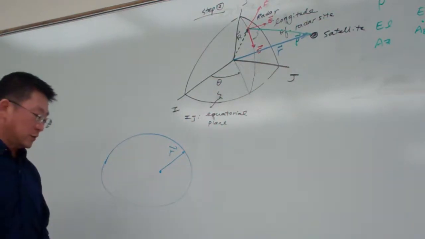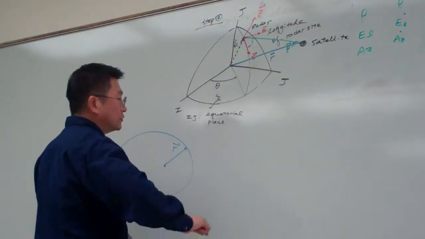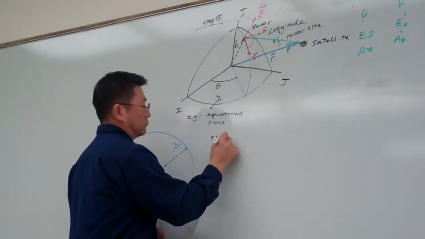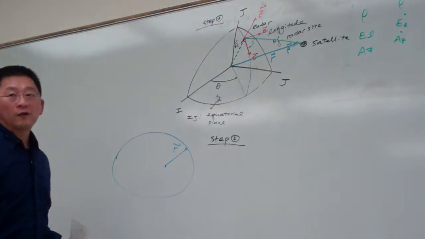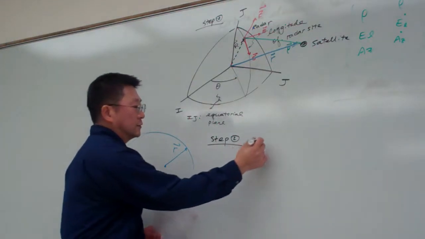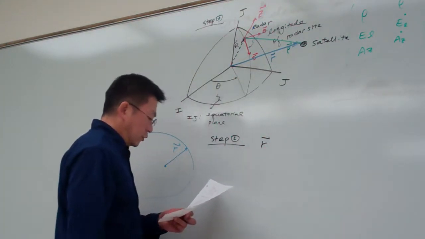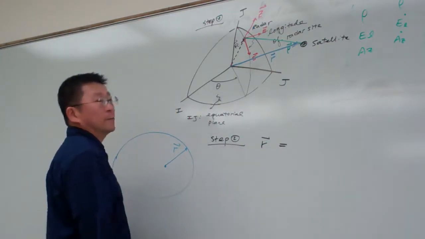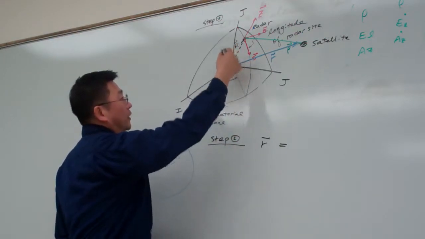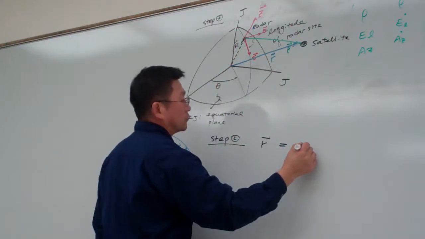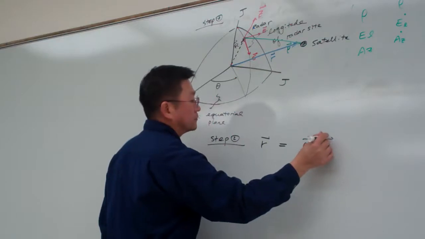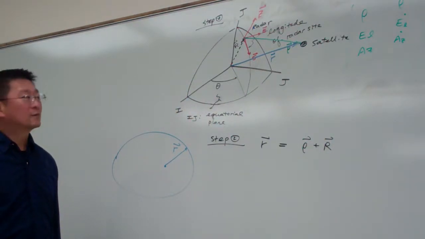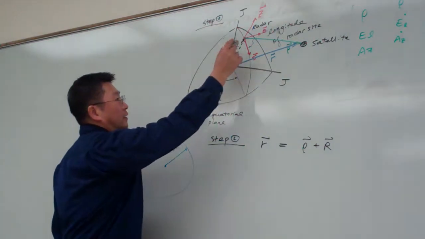So easily, the first question in step 2, with those kind of graphics in mind, what is R? We're looking at the vectors. R simply is equal to rho plus R, right? We look at these two vectors.